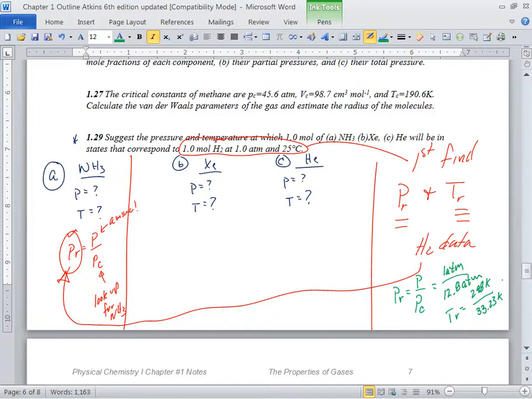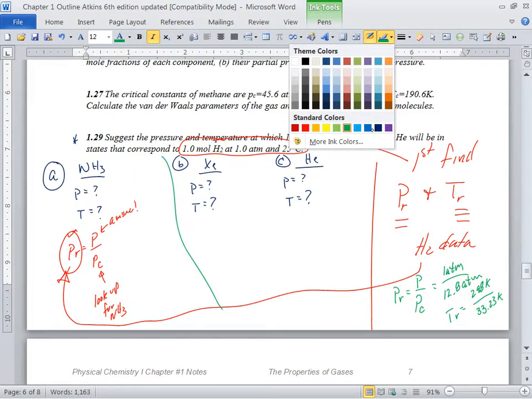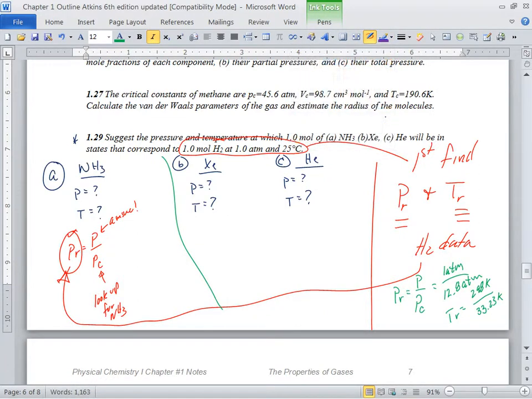So once you calculate those two, we can come over here. Oh, that's 1 over 12.8. 0.078.